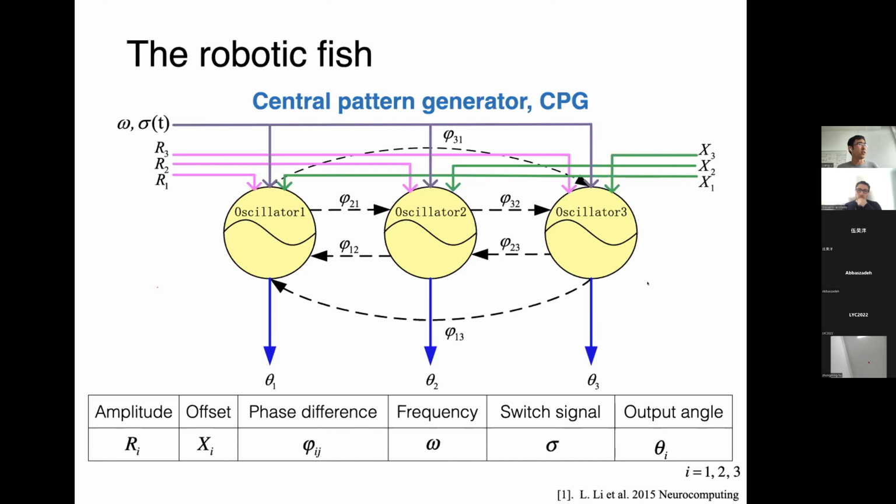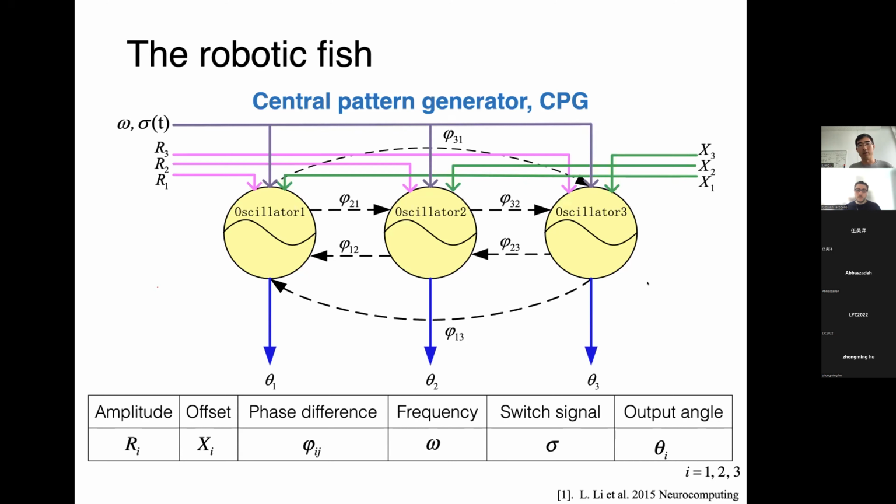So your brain just sends a very low dimensional, but high level command, run to catch up the bus. And the central pattern generator of our body will decode this very low dimensional signal into high dimensional signals, such as frequency, amplitude, and the phase difference between your legs and so on. Then you can perform running and finish the task to catch up the bus.